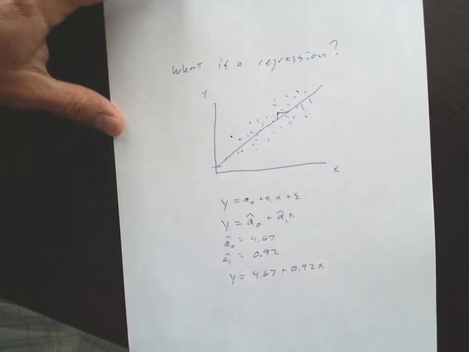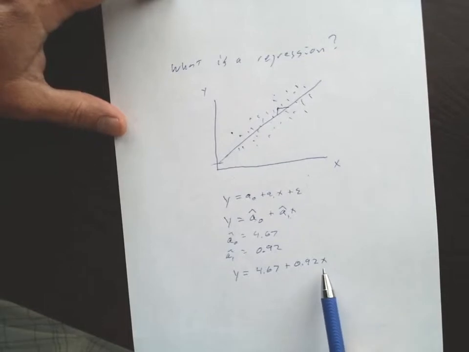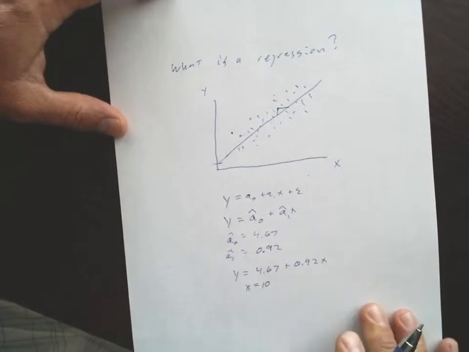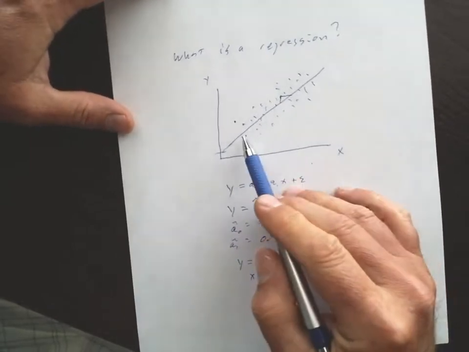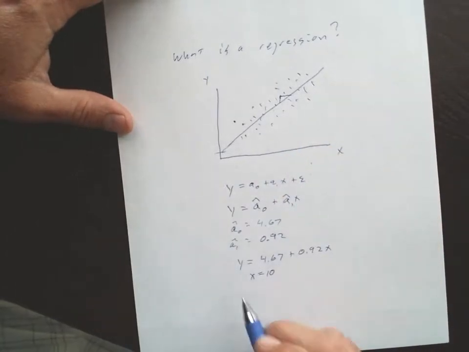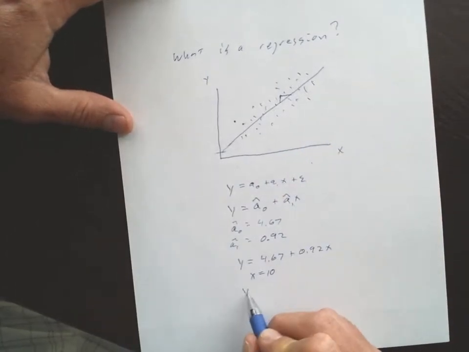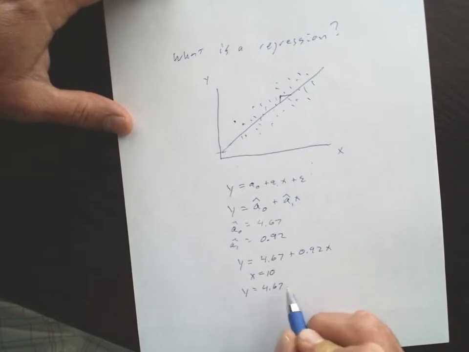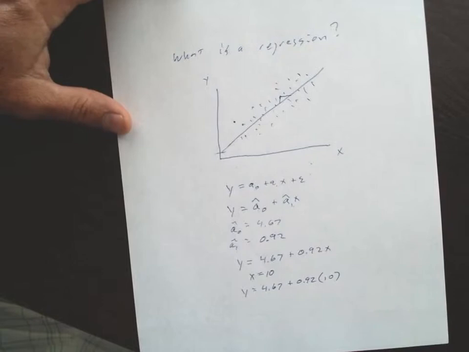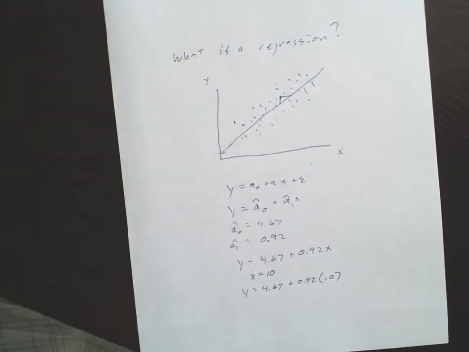And what this means is that if I have some value for x, say x equals 10, then the average value of y, the value of y given that value of x, is going to be y equals 4.67 plus 0.92 times 10. Okay, and whatever that comes out to.